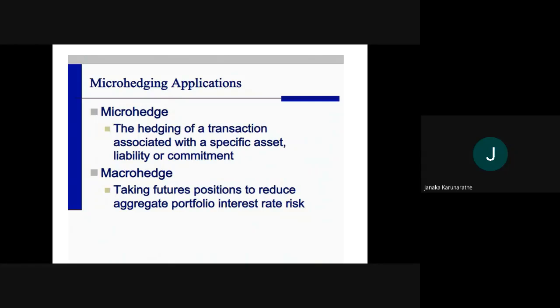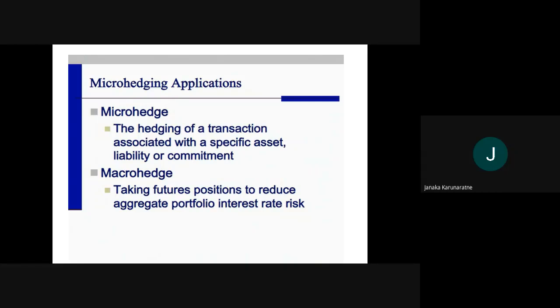In micro hedging, we are focusing on a specific asset, liability or commitment, so hedging of a transaction associated with a specific asset, liability or commitment. In macro hedging, we are looking at the holistic picture of the entire portfolio of assets, taking futures positions to reduce aggregate portfolio interest rate risk.